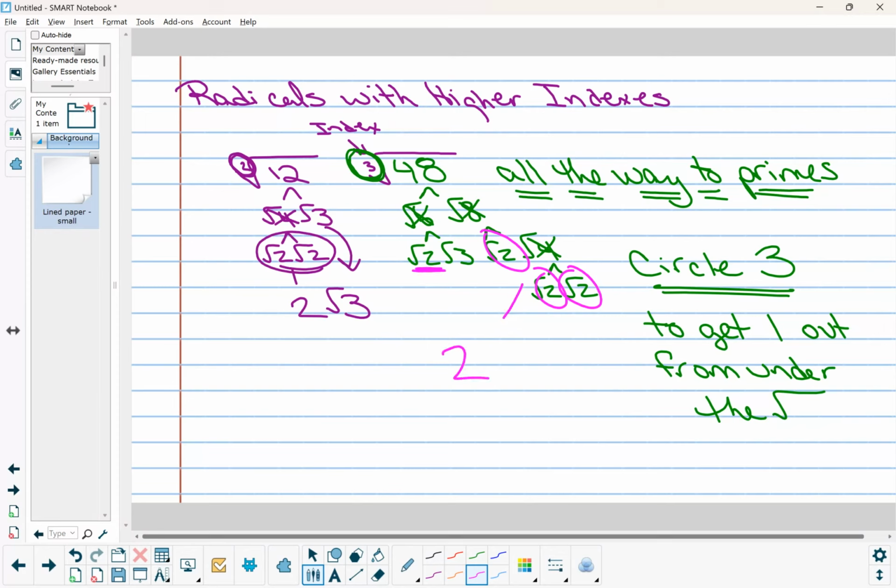And if I have these 2 left over, they have to stay under a radical because they don't get buddied up. So they're going to get multiplied together. And I'm going to have a radical 6. And I need to make sure I have this index in my answer. So this is going to be 2 cube root of 6 when you put that in.